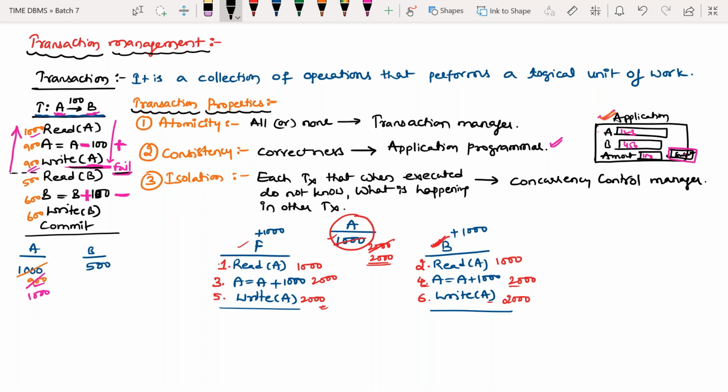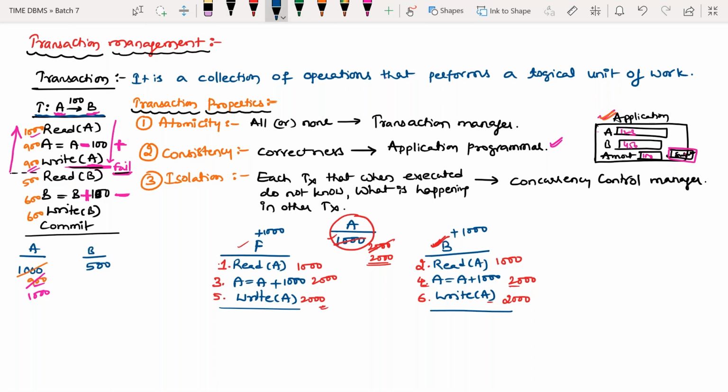The Concurrency Control Manager is responsible for concurrent execution of transactions, because when transactions execute simultaneously, it may lead to problems, as I just showed. So it should control that execution so that execution always leads to a correct state, never an incorrect state.